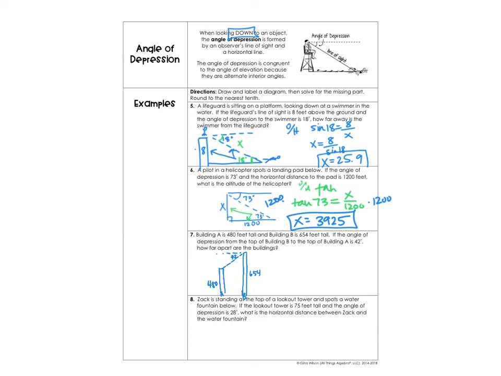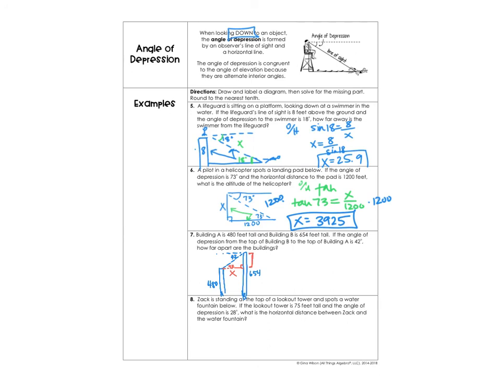How far apart are the buildings? Okay, so this requires a little bit of extra math or extra knowledge. Okay, so here is our right angle. This is also 42. We're looking for how far apart they are. So that's x. Now, we need a side length. We can't find the hypotenuse because we don't know what this side is. But how can we find what that side is?